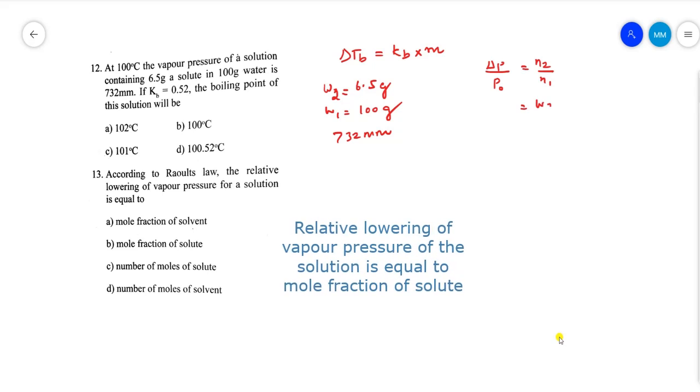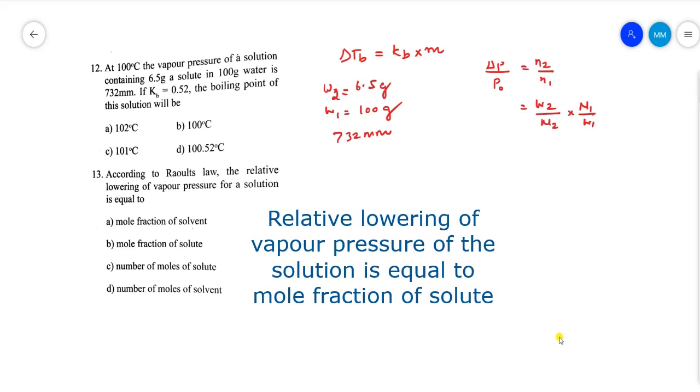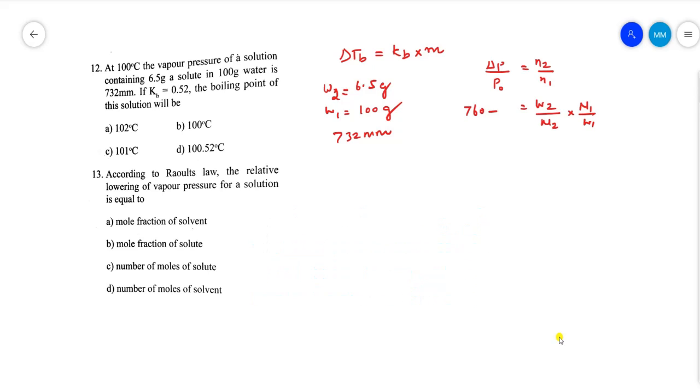By expanding, this will be W2 by M2 into M1 by W1. Del P is nothing but 760 millimeter of mercury minus 732, this difference, divided by 760. So this will be 28 divided by 760, which is equal to W2 is given 6.5, and M2 is unknown, and M1 is the molecular mass of water, 18, and W1 is 100 gram.